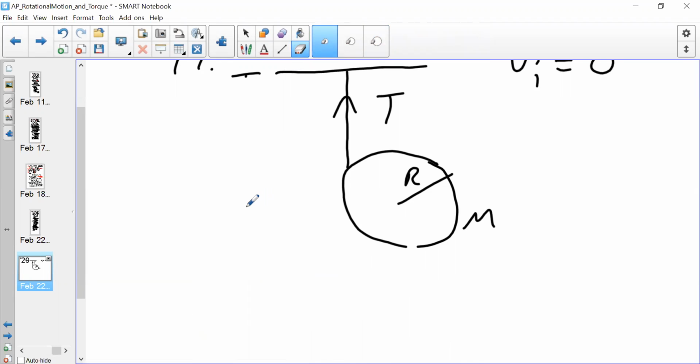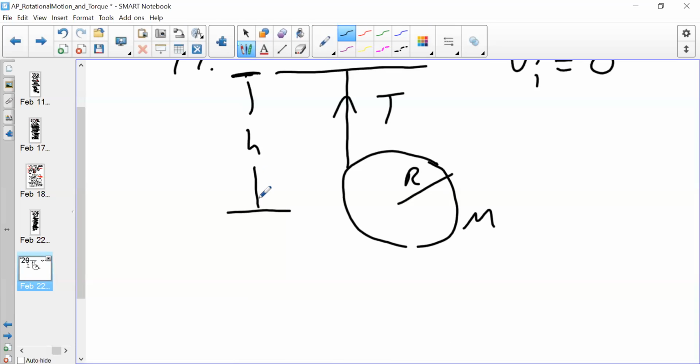So the center of mass has descended a height h, assuming that is h.